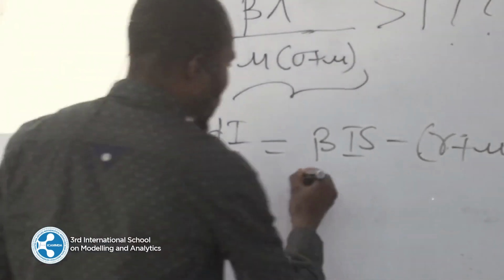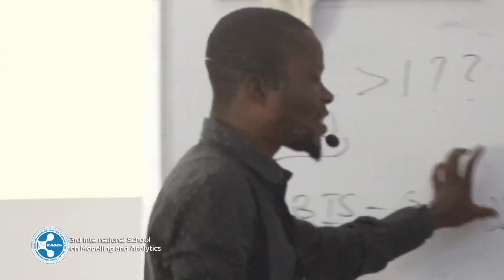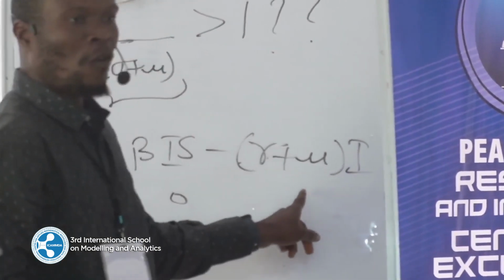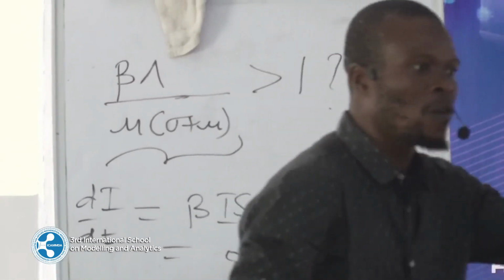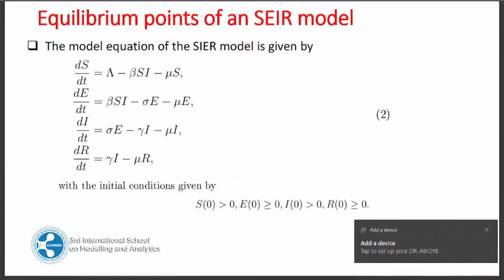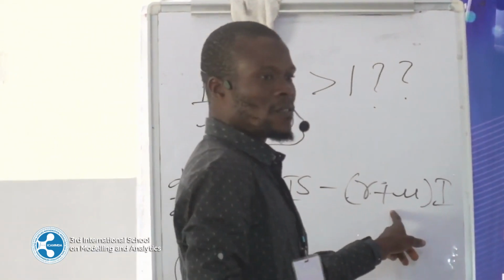And at the steady state, this is equal to 0, isn't it? We were able to solve this directly because I is a common factor. And we know that the product of two terms is equal to 0 if either one or both of them is equal to 0. We were able to get S directly from here, isn't it?